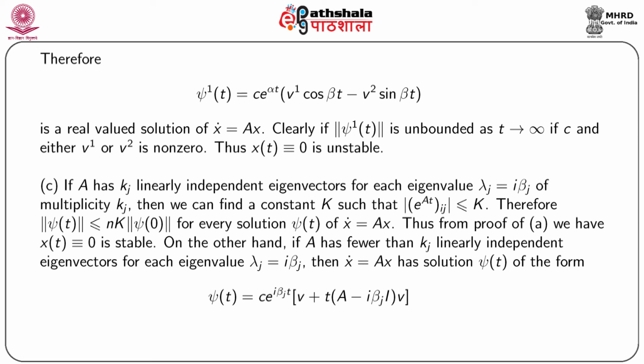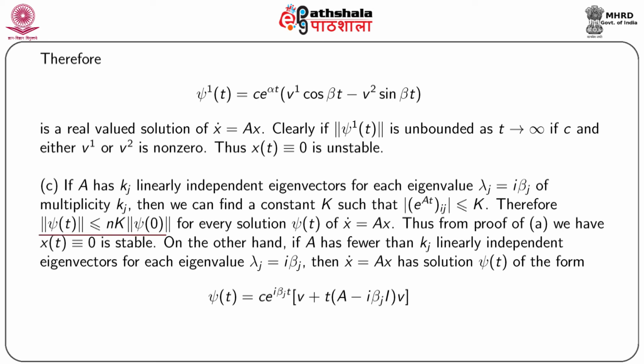And from the proof of C, if A has kj linearly independent eigenvectors for each eigenvalue lambda j equal to i sigma j of multiplicity kj, then we can find a constant k such that mod of e^(At) ij is less or equal to k.